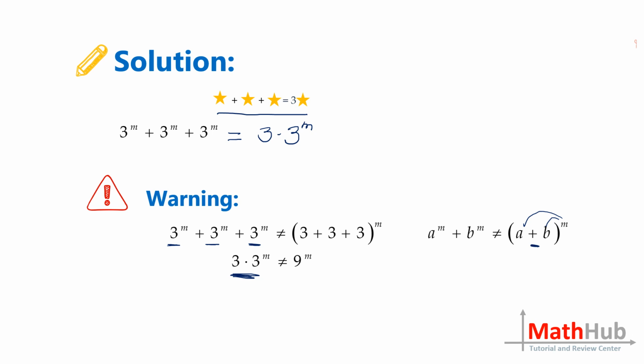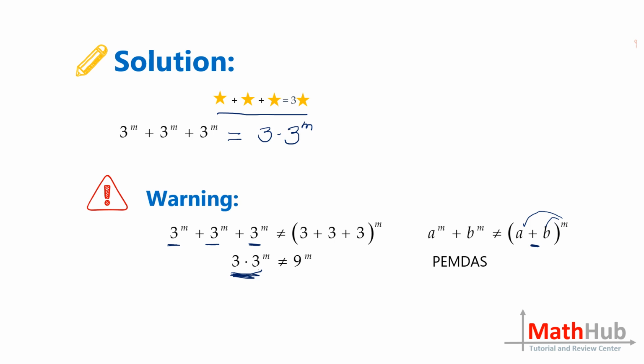They are not equal. Why are you violating the PEMDAS rule? Because what you just did there is you multiplied 3 and 3 first, and then you raised it to an exponent m. So you're saying that multiplication came first before exponent, which is wrong.